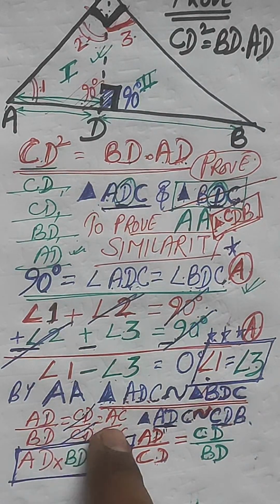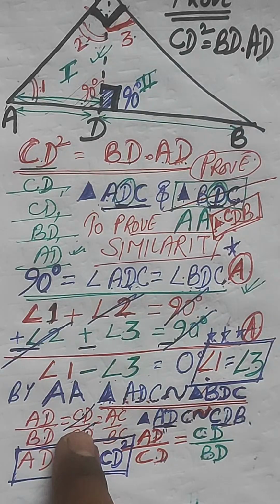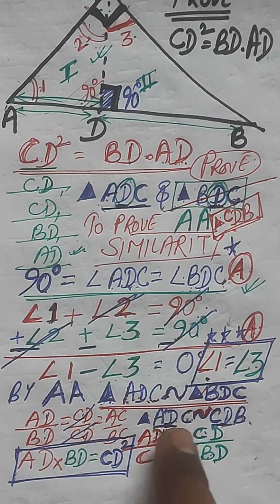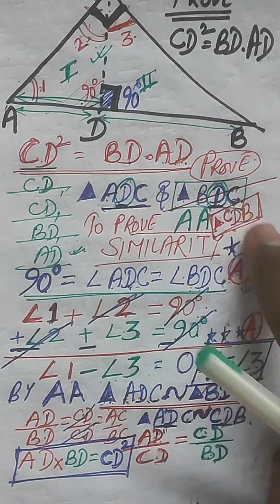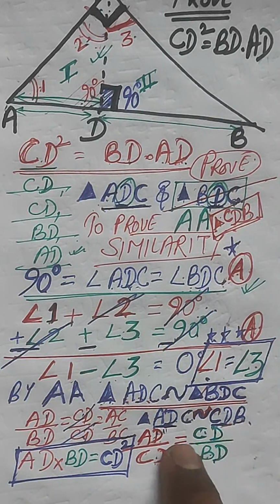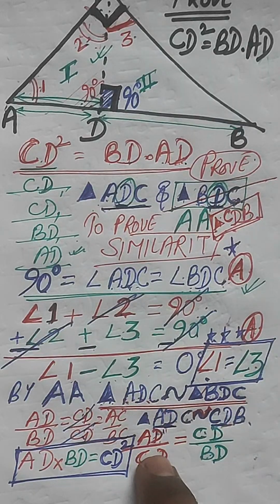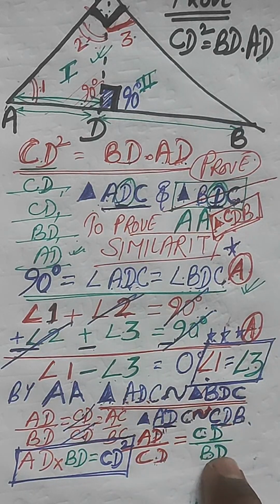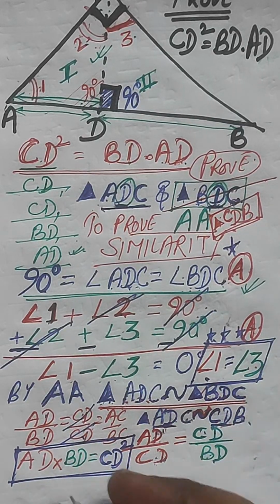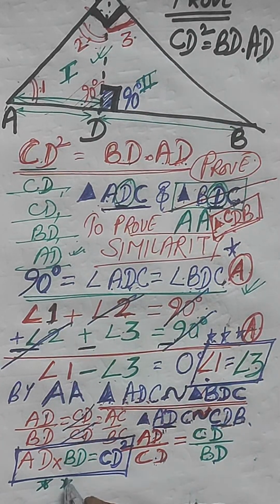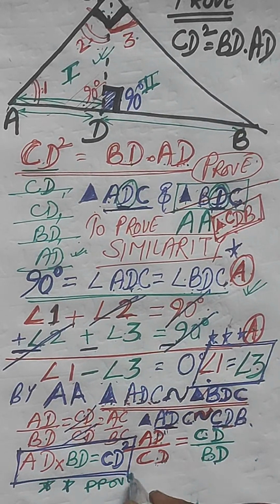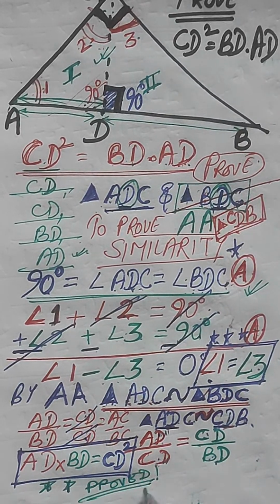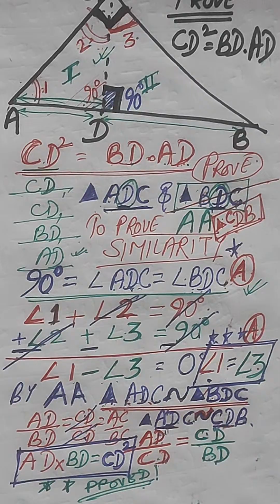This is the condition which needs to be followed, and this was not fulfilled. So that's why we changed the sequence of the naming of one of the triangles from BDC to CDB, and then the ratio of the sides of these triangles is taken, and we are able to prove it, right? And hence this is proved.